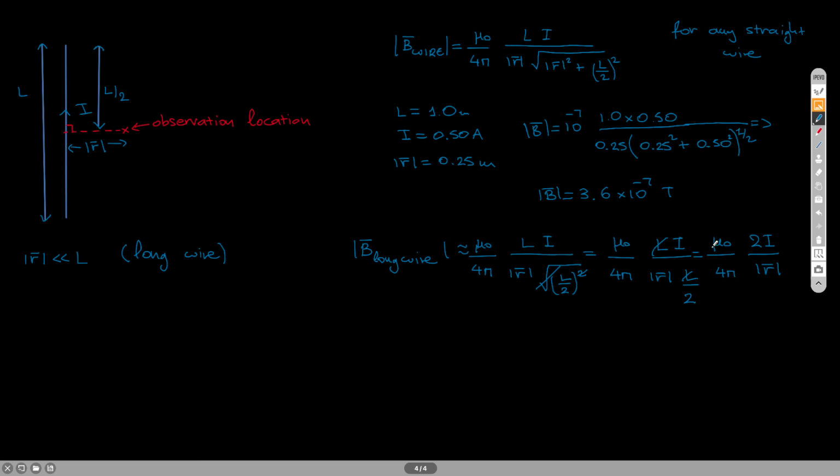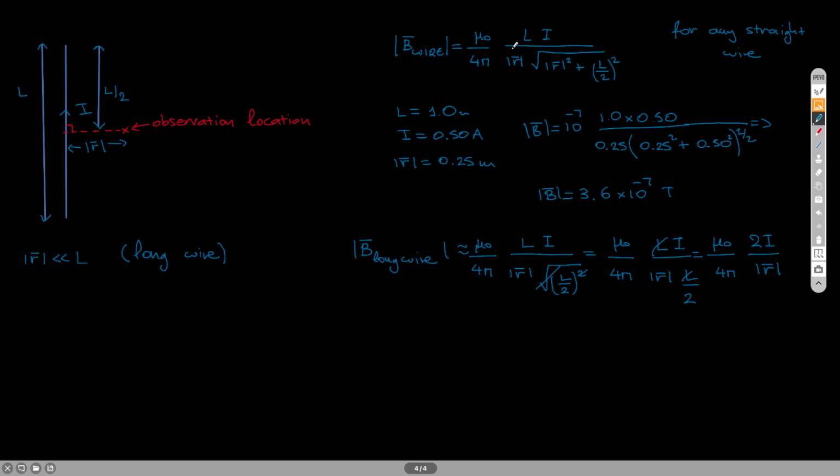This expression is valid only if you have a very long wire, or in other words, if the distance from the midpoint is much less than the length of the wire. This will make your life much simpler than using this. If you do have a long wire, you can of course use the general expression. Remember, I got this from that expression. There is nothing wrong with doing that.